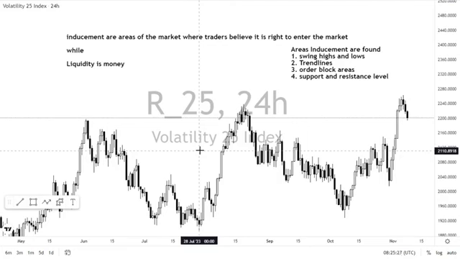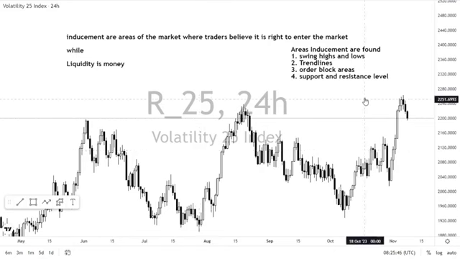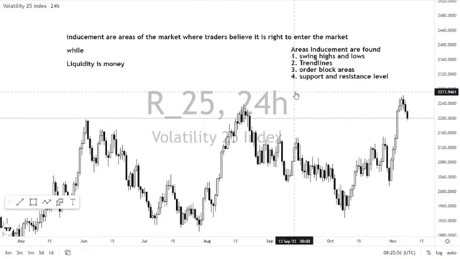Areas where you can see your inducement are swing highs and lows. I'm going to show you all of this on chart also. You can also see your inducement on trend lines, on order blocks, and on support and resistance. All of these levels are where you can see your inducement.